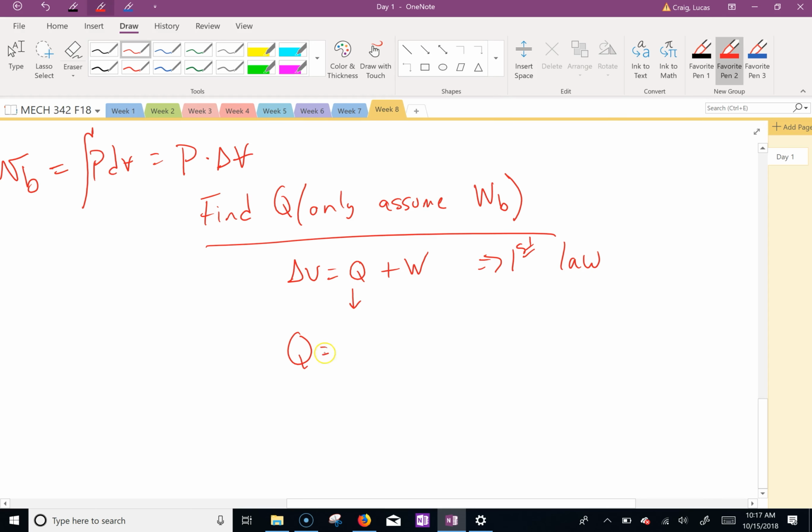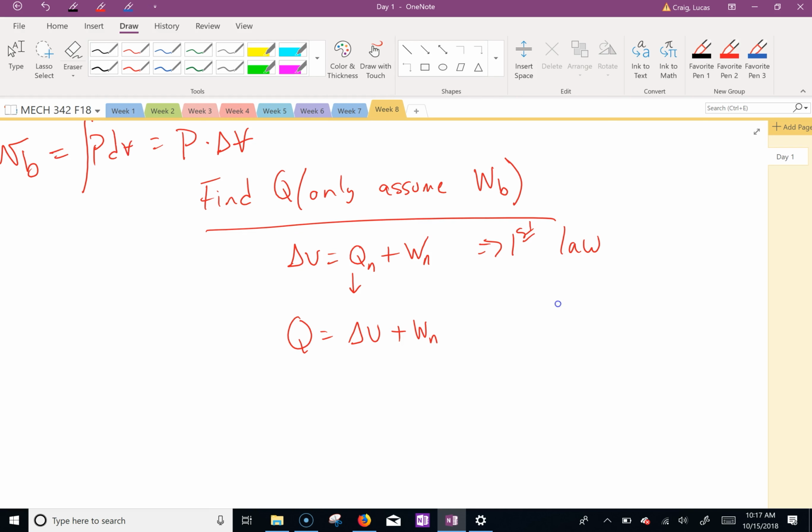And these are net values. What I'm going to do is assume that the boundary work is negative. We have something going out, so it's expanding. So when we bring it over to the other side, it becomes a negative, but we know it's going out, so it's another negative. Don't worry about the signs right now.